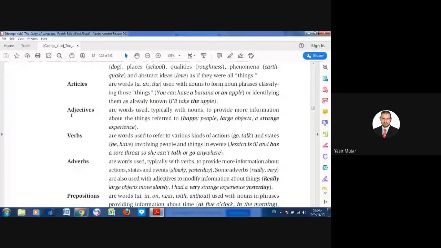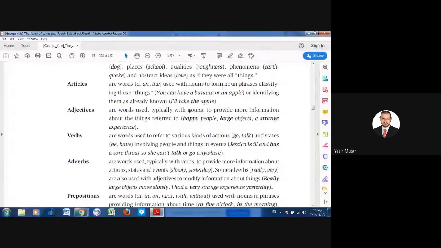Adjectives. What are adjectives? Words used typically with nouns to provide more information about the things referred to.